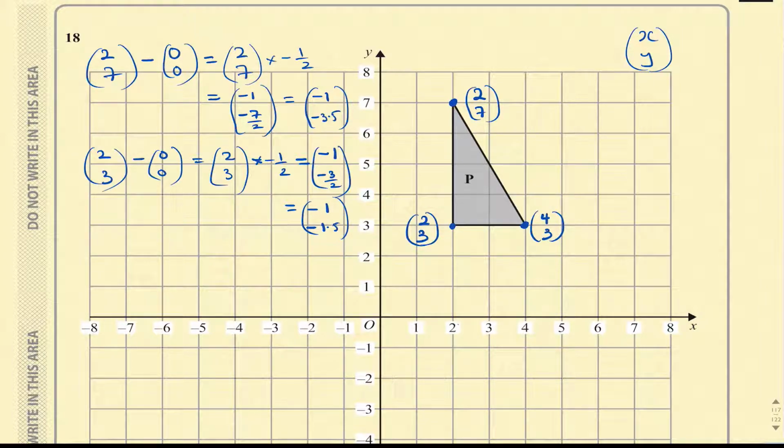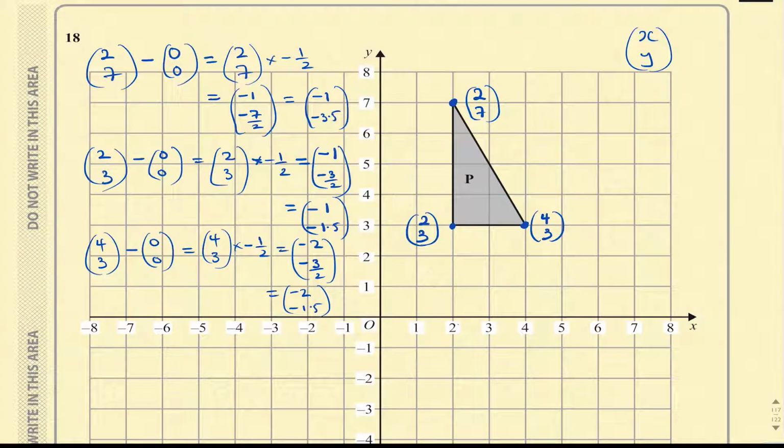And the final point is (4, 3), take away the center and you get the same value, (4, 3), times the scale factor -1/2, and then you get -2, minus 3 over 2, and that gives you (-2, -1.5).